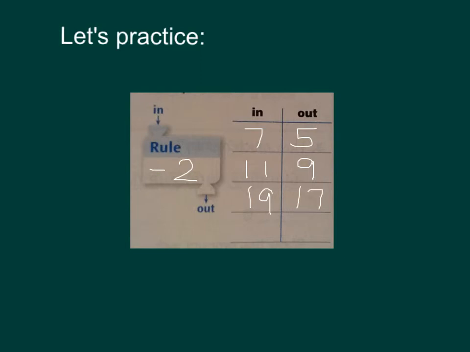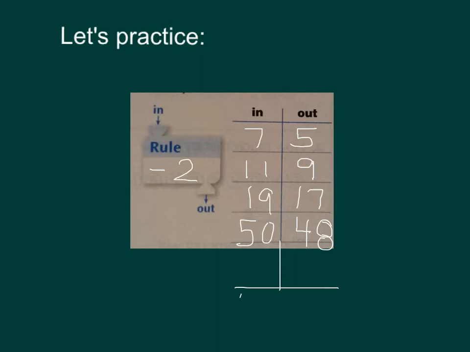This works even when we use really big numbers. So if we put in the number 50 and we take away 2, what number would come out? You're getting good at this. You're right, 48 would come out. Now boys and girls, I'm going to extend this because on some of our work, they add another box and they want you to think of your own.